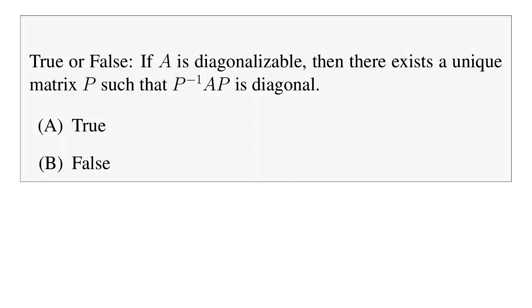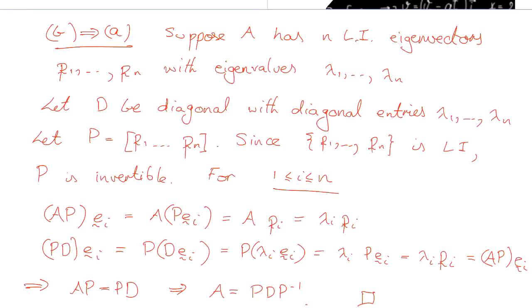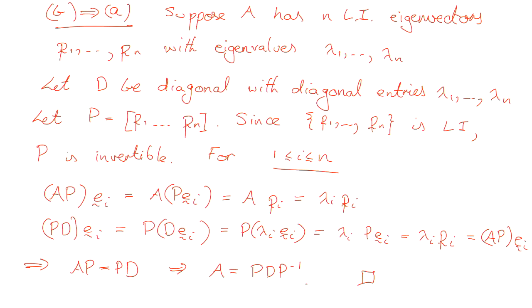So let's go back and look at what we just proved. We said let A have n independent eigenvectors. Now, we know that A is diagonalizable if and only if it has n independent eigenvectors.